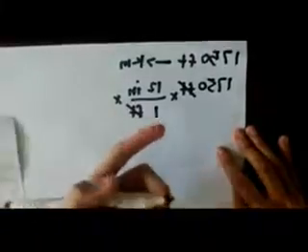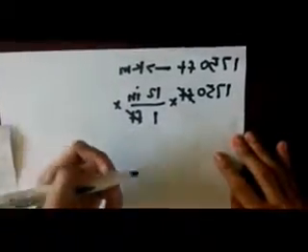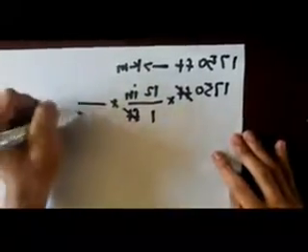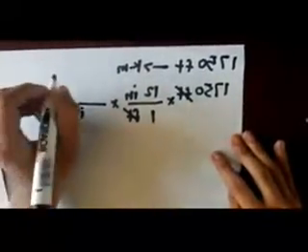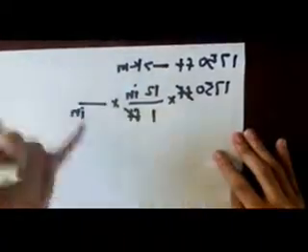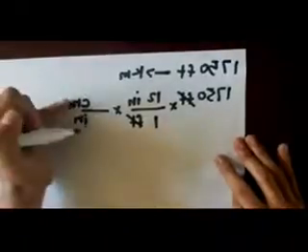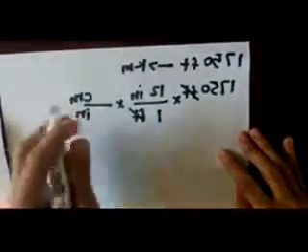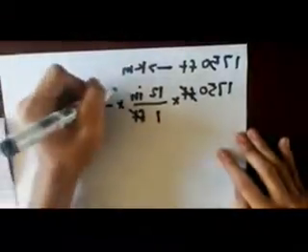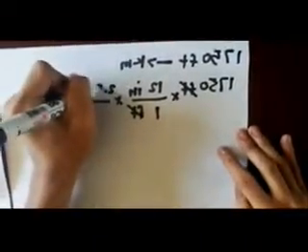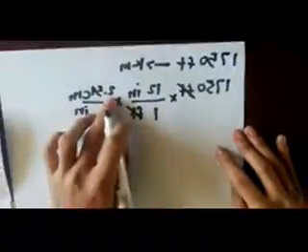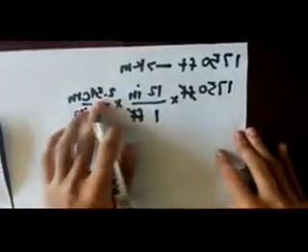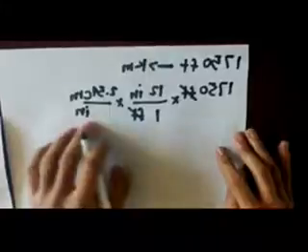After getting the value, we can cancel the inches. In canceling the inches, we use centimeters over inches. There is 2.54 centimeters in 1 inch.